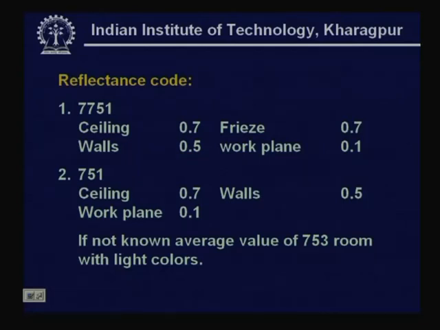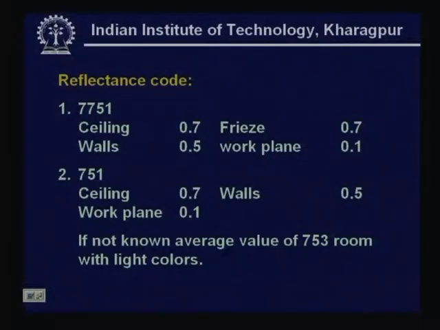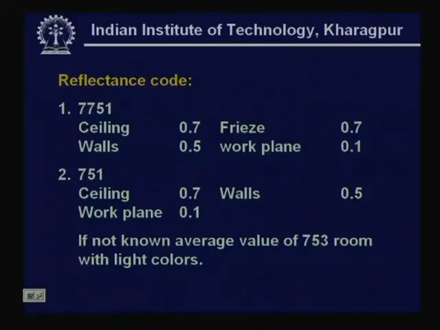We do find that oftentimes the roof is painted white and the walls, unless by personal choice, are light creamish or light greenish. These are the types of colors that are employed. So, one may take 7.5, and possibly the work plane may not be as good as the ideal we expect, so a reflectance factor of 0.3 can be taken.